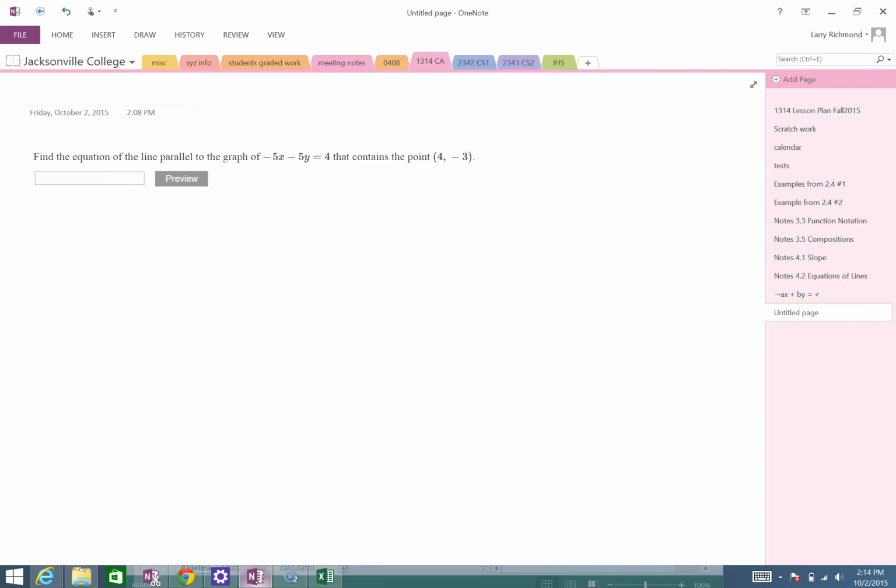Okay. Well, it says parallel. Remember, parallel lines have equal slopes. Perpendicular lines have negative reciprocal slopes. If it's asking us for a perpendicular line, we'll have to change the slope a little bit.